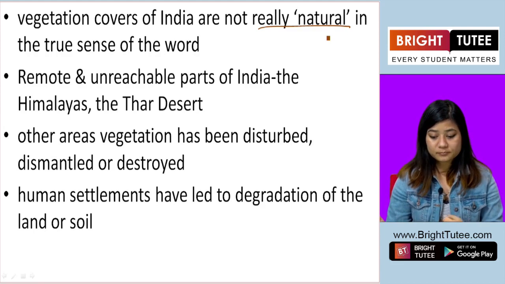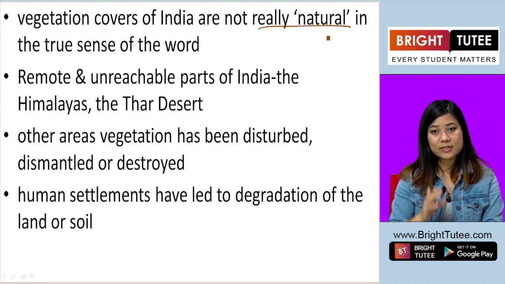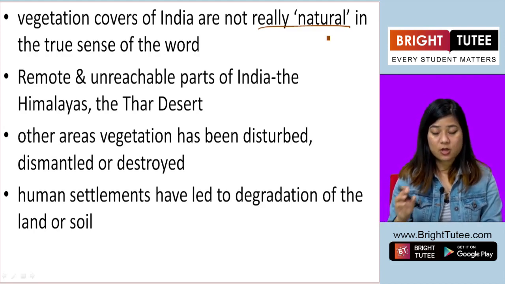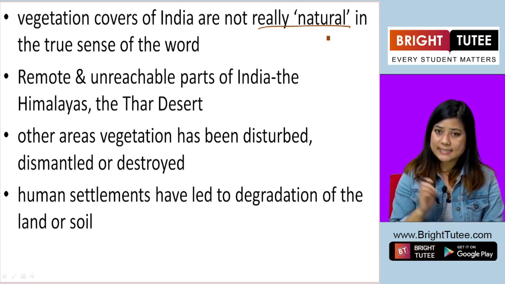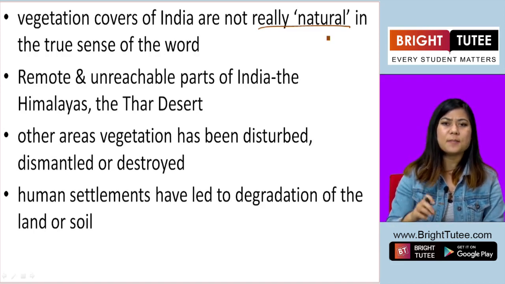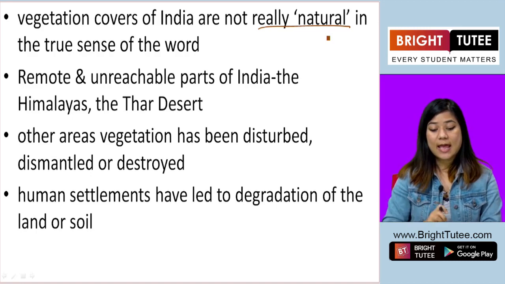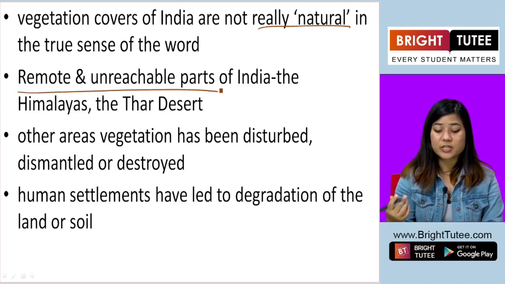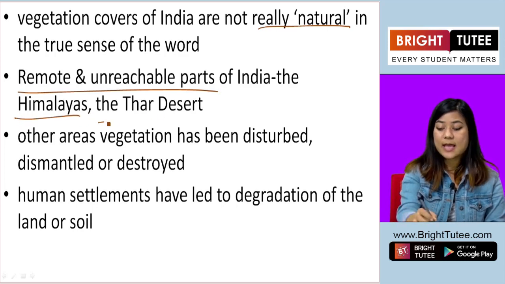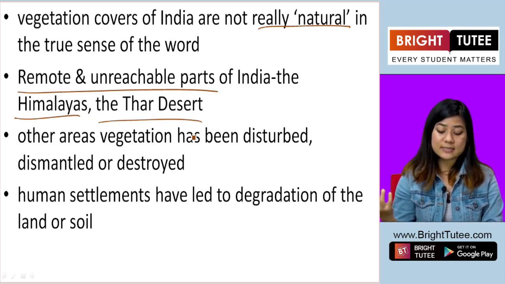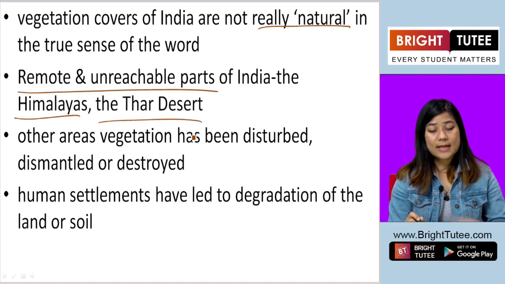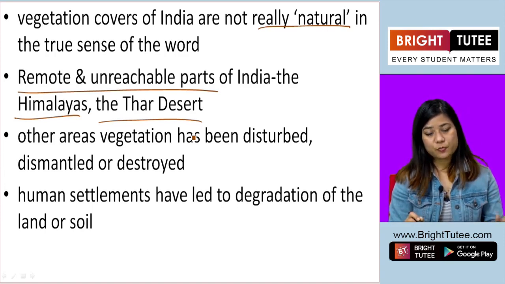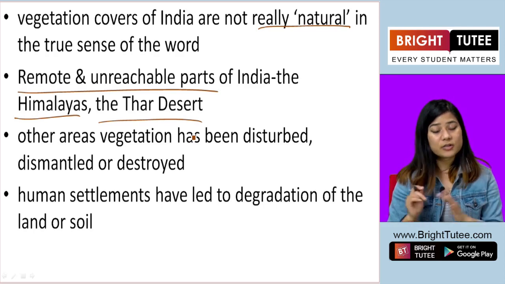Okay. So the actual natural vegetation or the virgin vegetation exists but only in some parts of our country, and they are found in remote and unreachable parts of our country, in the Himalayas as well as in the Thar Desert area.